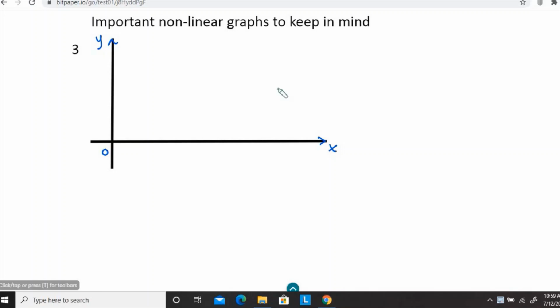So the steepness, the slope, changes from point to point. The next example is y equals 1/x. So if we plot this nonlinear equation, it's going to look like this. So that's your y equals 1/x graph.